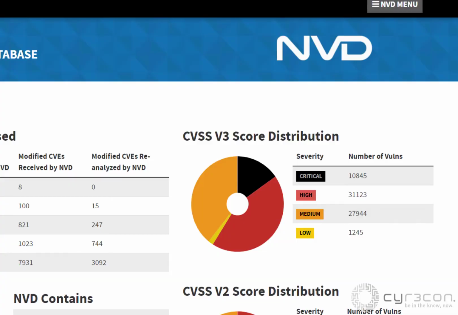Well, we know that a great many of them fall into the high and critical categories. Depending on the time frame you look at, 50 to 60% of vulnerabilities are rated as high or above by the scale.